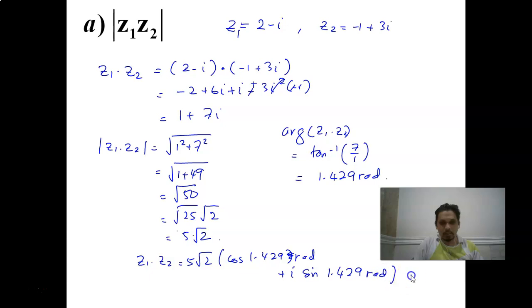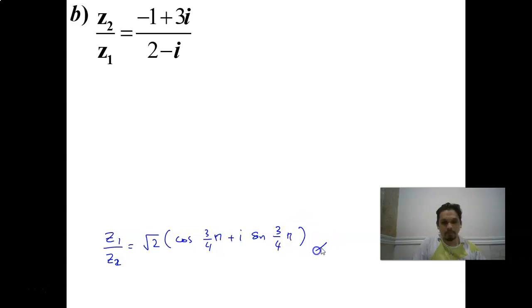So you try the next one, B, by yourself, and I'll give you the answer. z1 divided by z2 equals square root of 2, cos 3 over 4 pi plus i sine 3 over 4 pi.